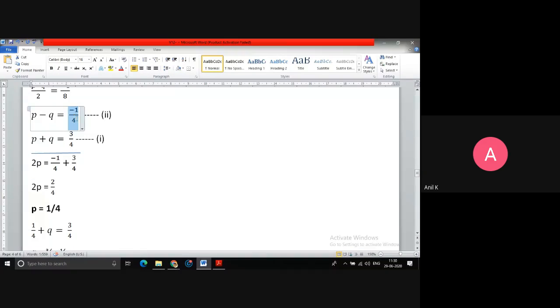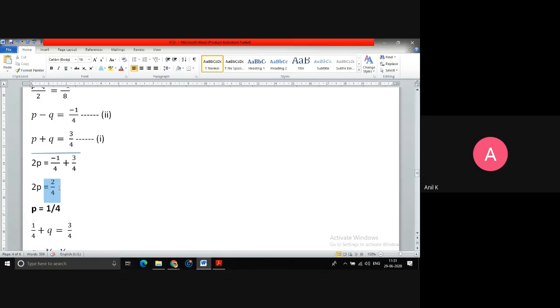Here minus 1 by 4 plus 3 by 4. 2p equals, again here LCM is going to be 4 only because both the terms have the denominator 4. Now numerator, what do you get? Minus 1 plus 3, which is 3 minus 1, which is going to be 2.